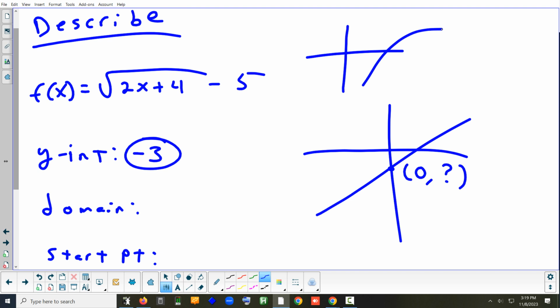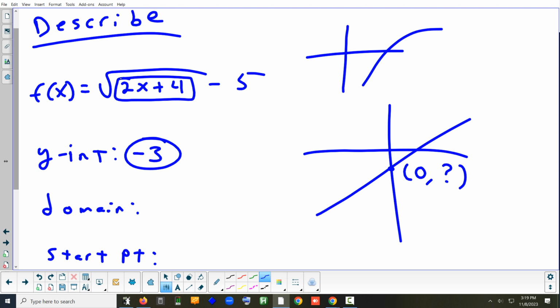Okay, so the domain. What part of that do we have to focus on when we're looking at the domain? There's something there that doesn't matter at all, and then there's part of it that does matter. What's the part that does matter? So the part under the square root, what does that have to be?